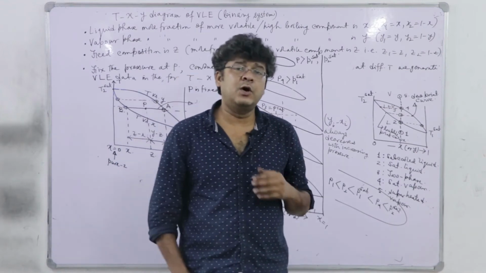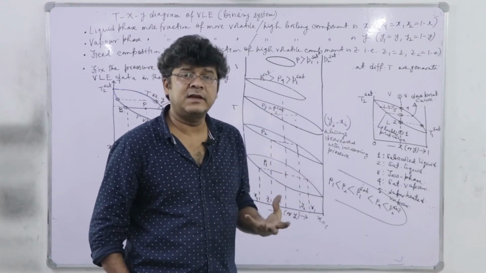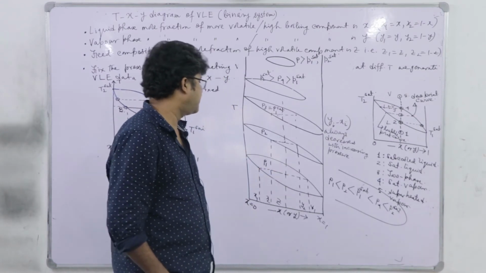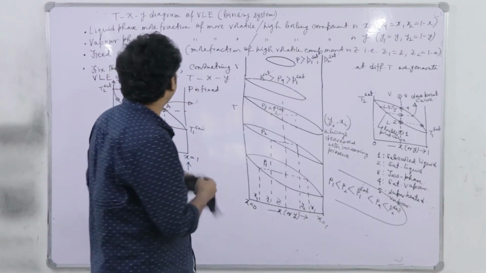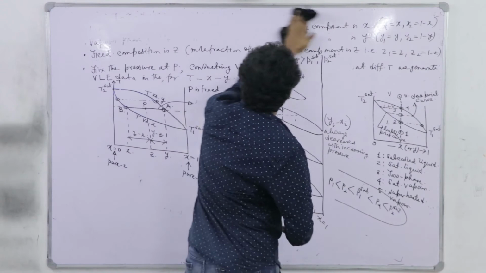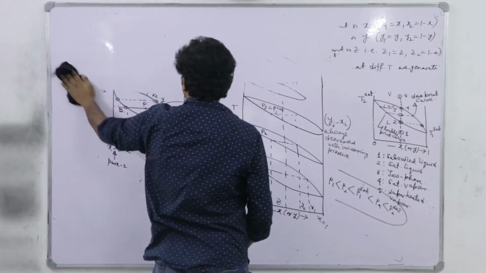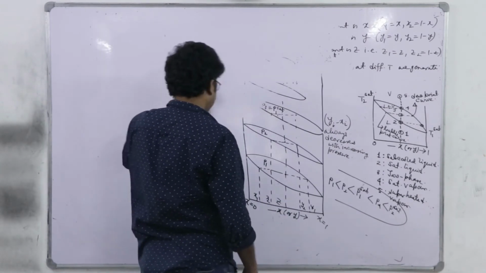So we have to note that distillation technically is always favored at lower pressure. Right. So that is the idea of the Txy plot. With this understanding of the Txy plot, let us move on to the Pxy plot, which is more fundamental from the perspective of quantitative VLE relations.